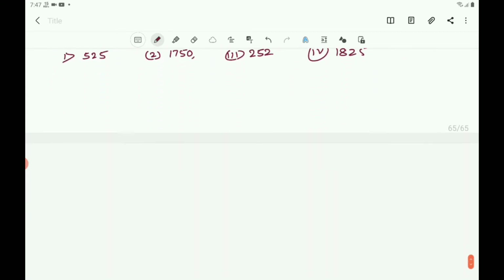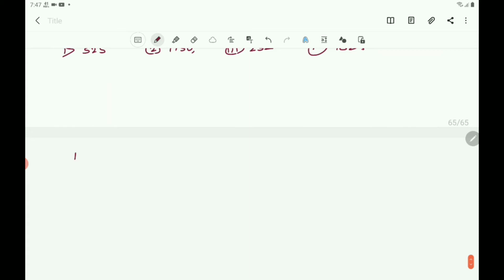So you take the first number, that is 525. Now you take that number 525 and group it in the usual method. Make groups of two digits and put the bar.